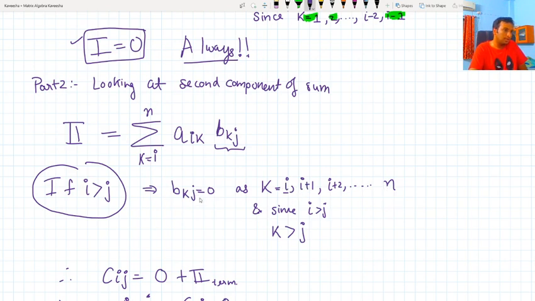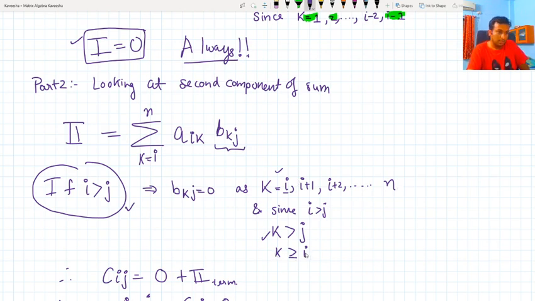Since we know that i is greater than j, and k is of course greater than or equal to i, because the minimum position k can take is i, and it can go higher, like i plus 1, i plus 2, i plus 3, up to a maximum of n.